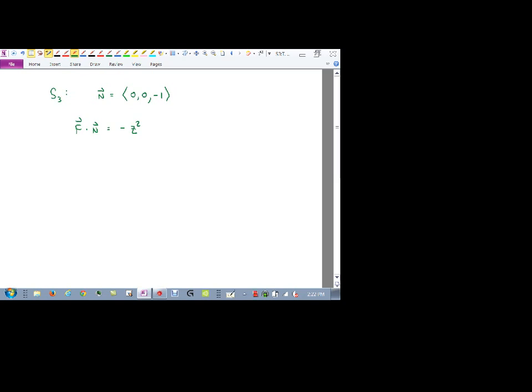It's 0, because it's that plane. Isn't S3 sitting on the ground? Z is 0 there. So the integral over S3 of F dot dS3 is 0. Is that all right? What if it wasn't? Then we would have to do more work. But some of these surfaces are supposed to not require a lot of work.